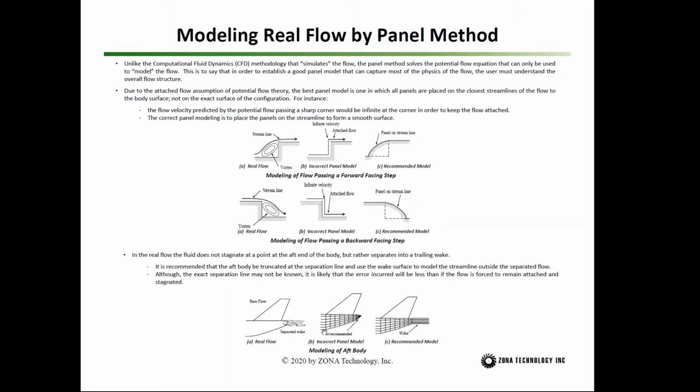So if you model the exact surface of the body, this is an incorrect panel model, and you have to truncate at the end of the body. So you leave a hole at the rear end of the body. Then you put a C-bar around this circle, and the C-bar will create a wake surface to simulate this separated flow condition.